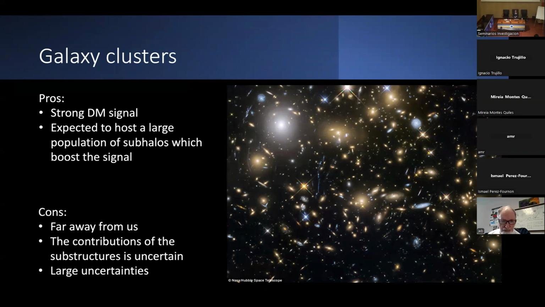Now, the reason it's important to consider different targets is that if you expect a dark matter signal, you would expect to see it in all these targets. So let's say you look at a dwarf galaxy and you see a signal that looks like dark matter. Then you should see that signal also in the galactic center, and also in galaxy clusters. But the expected astrophysical background will be very different if you look at different targets or in different wavelengths.